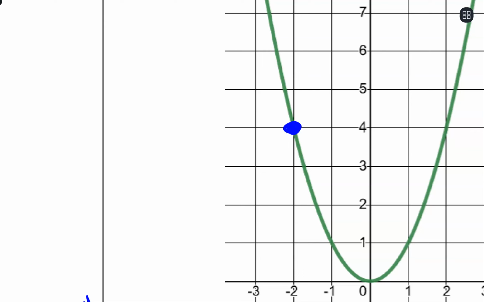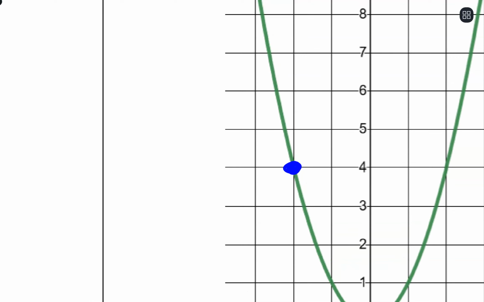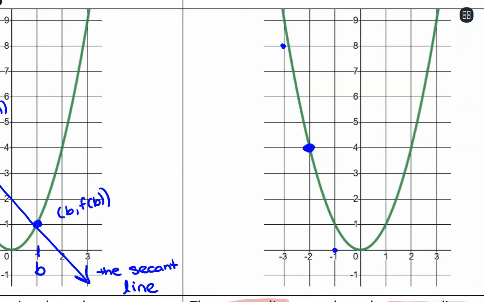What we should get with this line, and this is what we're going to talk about actually calculating this time, because in the last week we just tried to visualize it as best we could, but because I know calculus, I know that this is going to have a slope of -4. So I'm just going to draw this, and there's our tangent line.